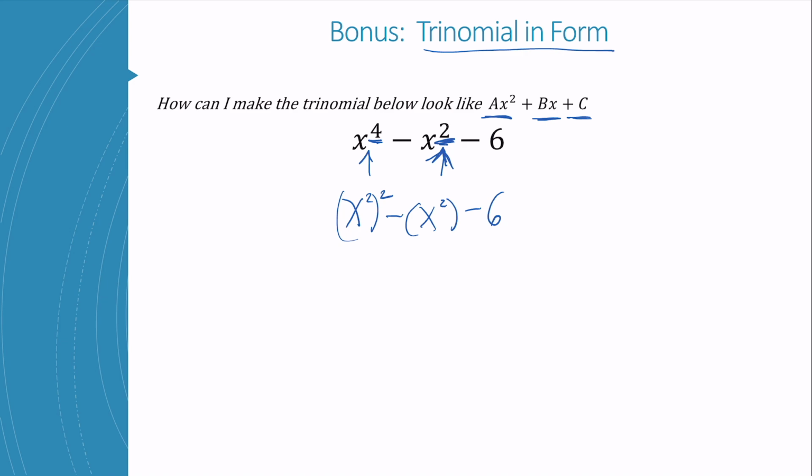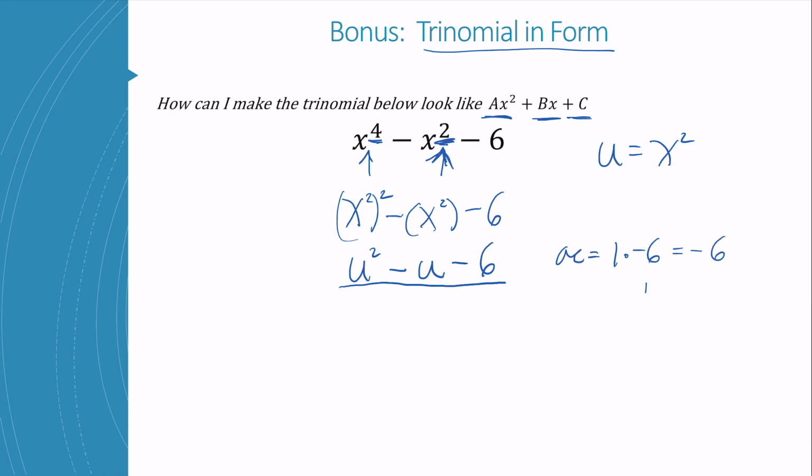So let's let u equal x squared. I can substitute u squared minus u minus 6. Now I have something that looks like a trinomial in form. I know that I can find the factors of AC that add up to b, and this is a common example that I've used, right? The factors of -6 that add up to -1 are -3 and 2.